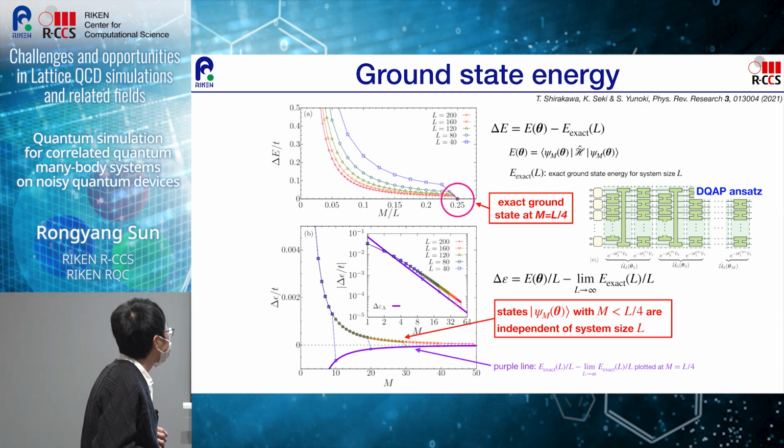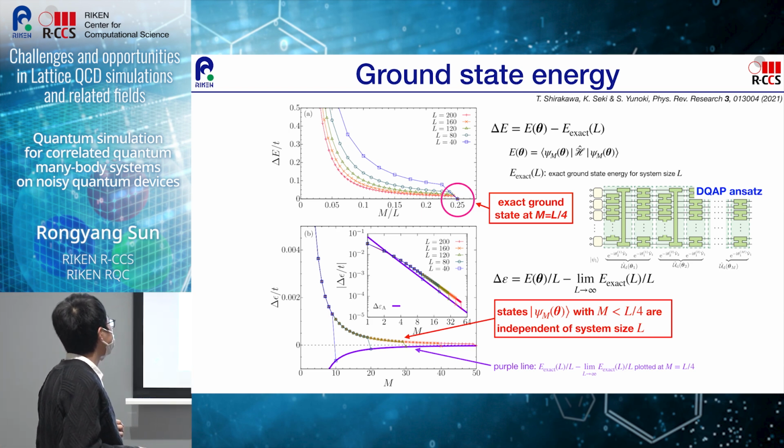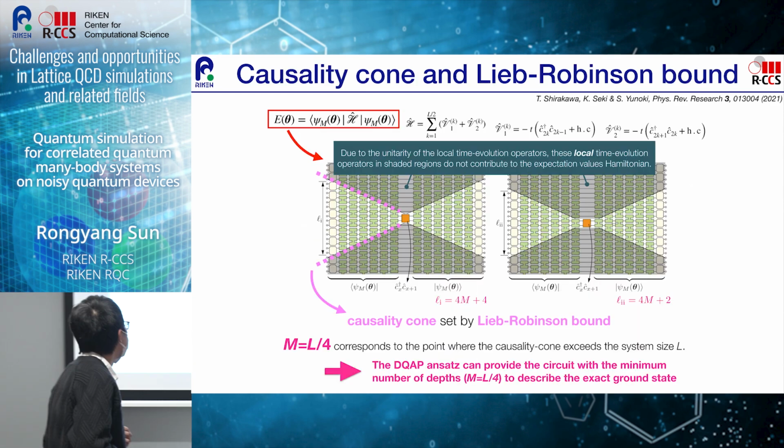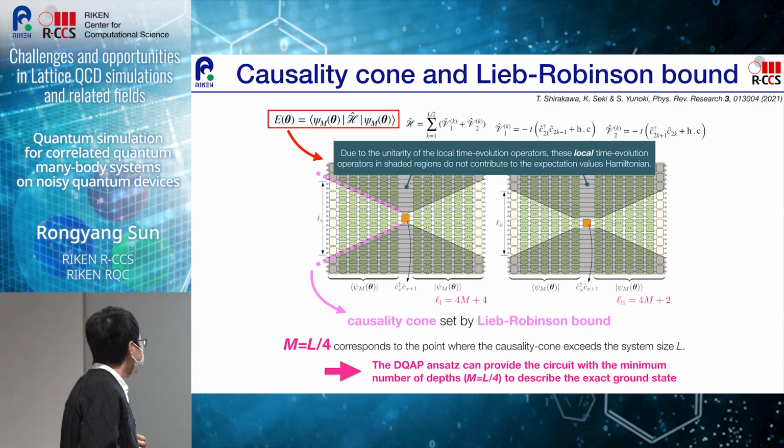So we need to understand this magic number, R over 4. We found that this R over 4 is actually related to the causality cone, related to the information processing in the system.